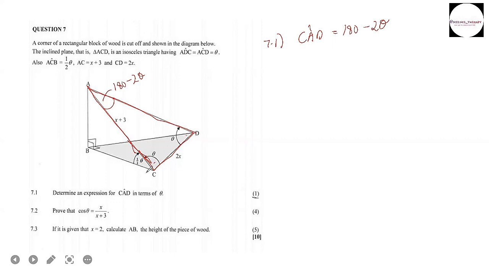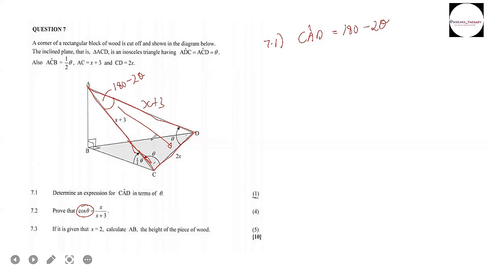So we can just use the same angle that we just calculated here, and then calculate the value for cos theta. So how are we going to do that? We're going to use the sine rule. So this to that, and if this is theta, this can also be expressed as x plus 3.